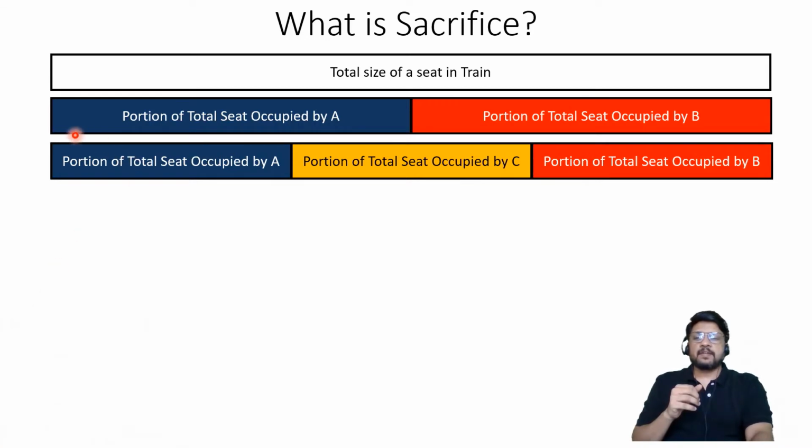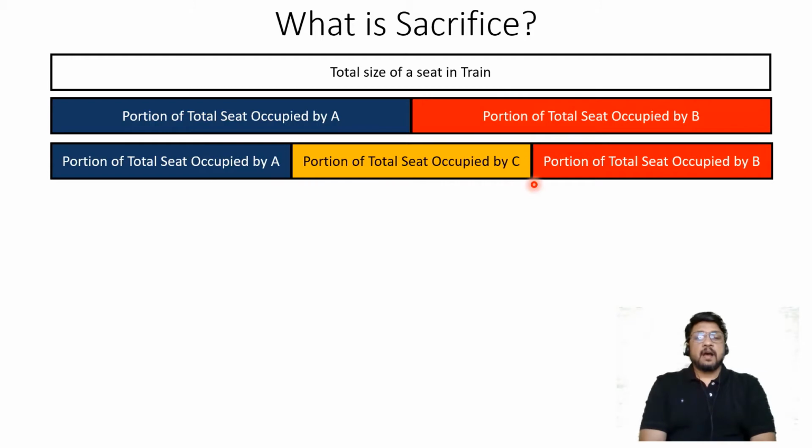Earlier A was occupying this much seat, but now this much portion of the seat which was earlier occupied by A will not be occupied by A anymore. It will be occupied by whom? It will be occupied by C now. Similarly, this much portion of the seat which was earlier occupied by B will not be occupied by B now, that will be occupied by C. So C is getting some portion of the seat from B and some portion from A. So total seat which is enjoyed by C is equal to sacrifice by A plus sacrifice by B.